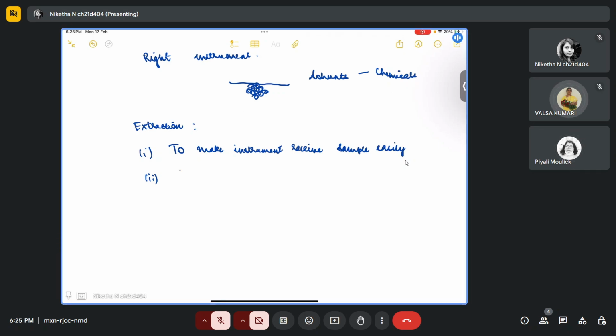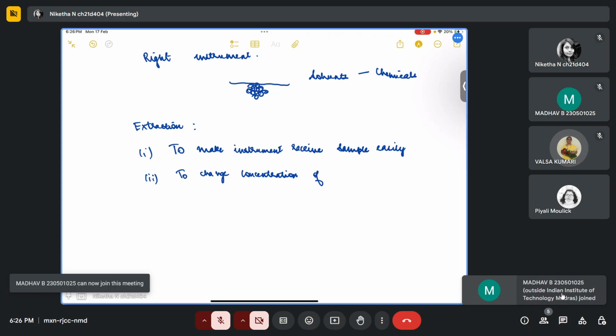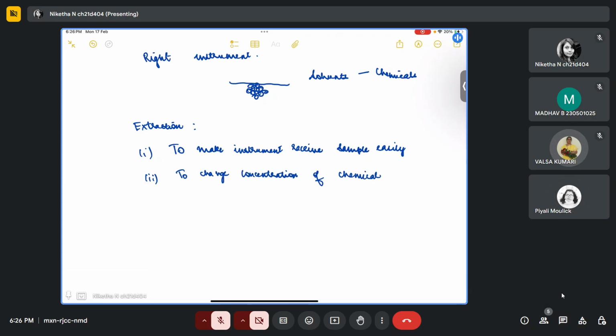Yes, yes. So extraction can be used to change the concentration of the chemical, and to bring it to an optimum range.